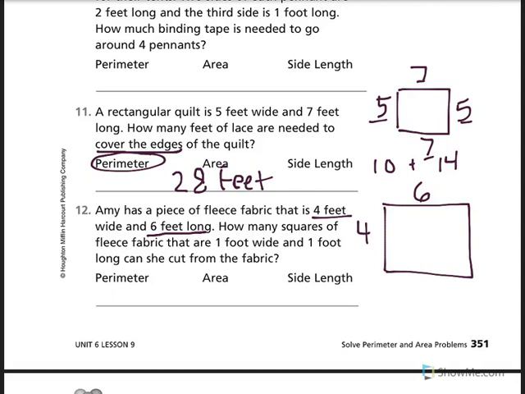Well, we use the area formula, right? So area equals length times width, and length 6 times 4. 6 times 4 is 24. We're looking for the area, 24 square feet. Or 24 1 foot by 1 foot squares. All right.